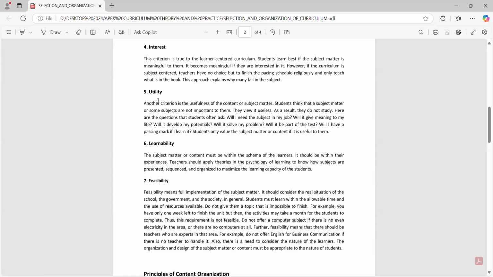Right. That is utility value. That is another criterion, the usefulness of the content or the subject matter. Students think that some subjects are important to them. I will give you a very good example, right? Now, when you teach grade 11 students English, graph description is a bit boring and advanced.